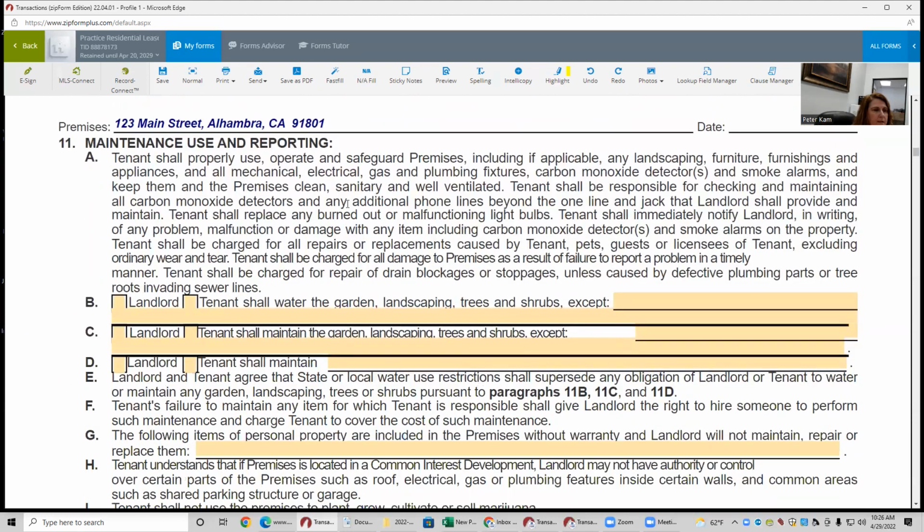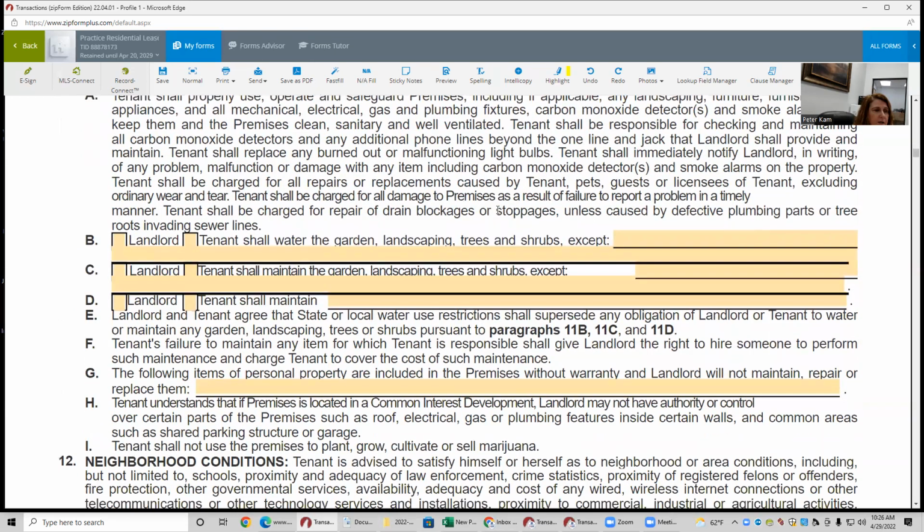Okay, so maintenance and use. So here the tenant shall properly use and operate and safeguard the premises, including landscaping, furniture, furnishings, things of that nature. And it also even says the tenant shall replace any burned out or malfunctioning light bulbs.